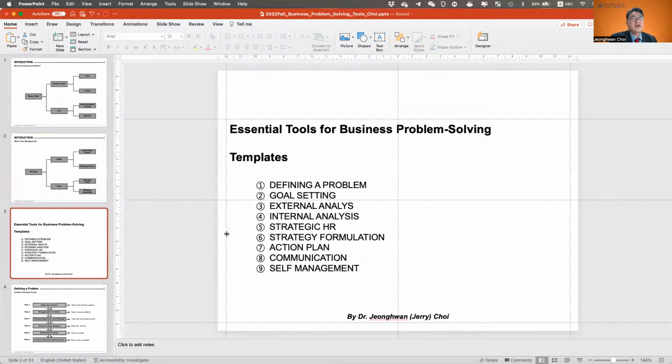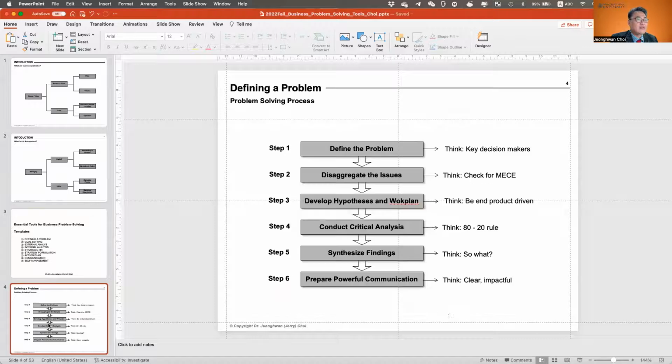I also shared essential tools for business or management problem solving, and showed a few processes. I proposed that there are 6 or 7 different steps in business problem solving, which come from McKinsey.